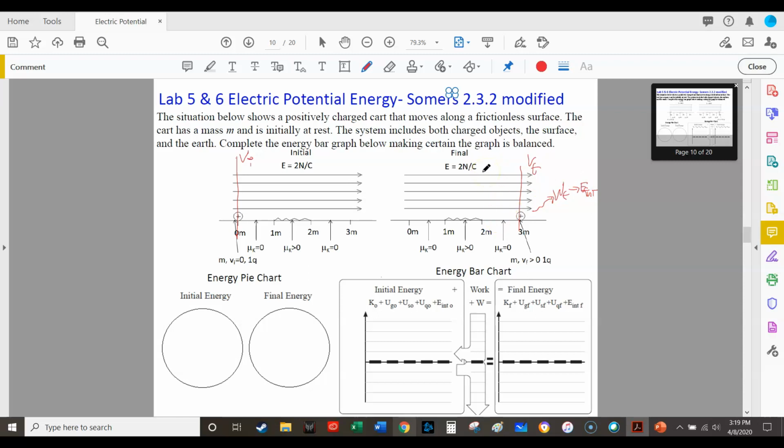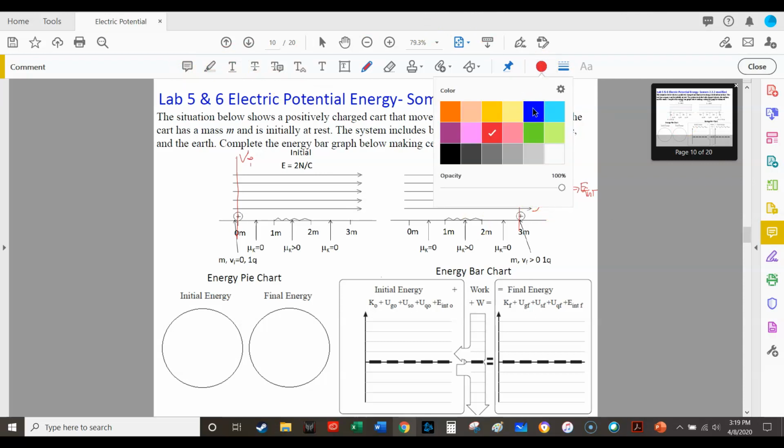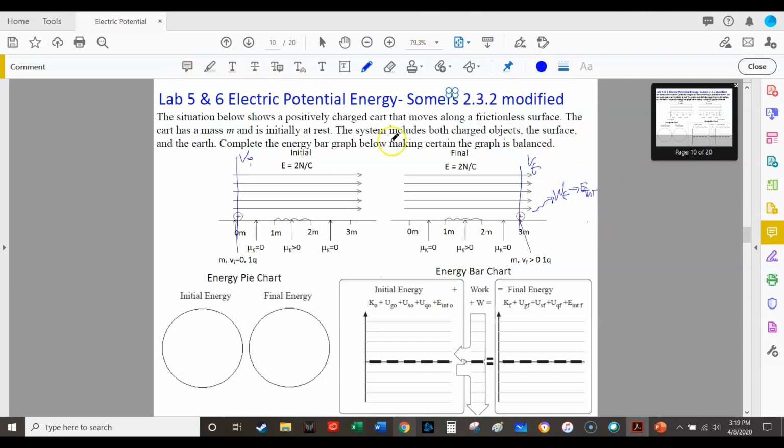In fact, I'm going to redraw that and call that blue. I'm going to call friction blue. So a little bit of work due to friction. That non-conservative frictional force is taking kinetic energy out of the system, right?